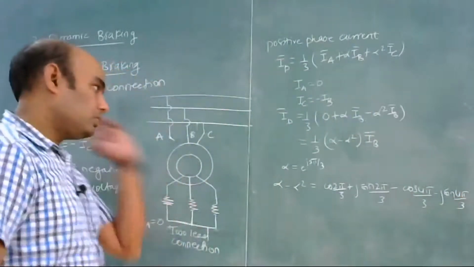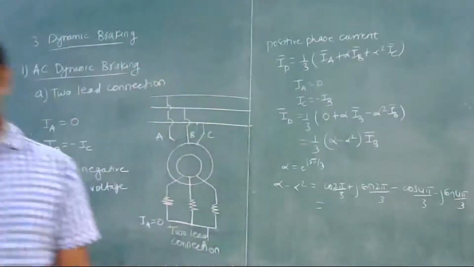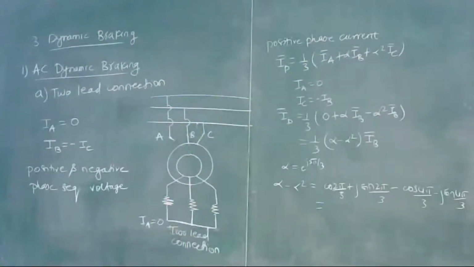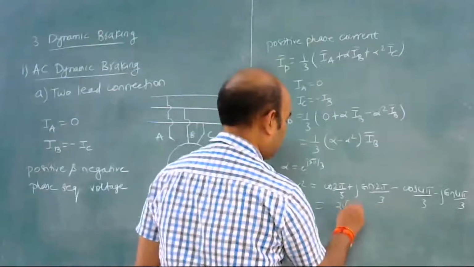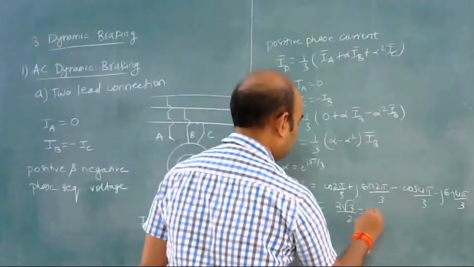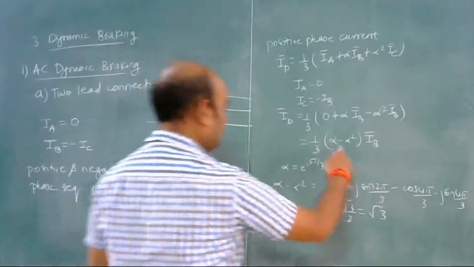These two get cancelled and you will get 2 root 3 by 2, that is j root 3.